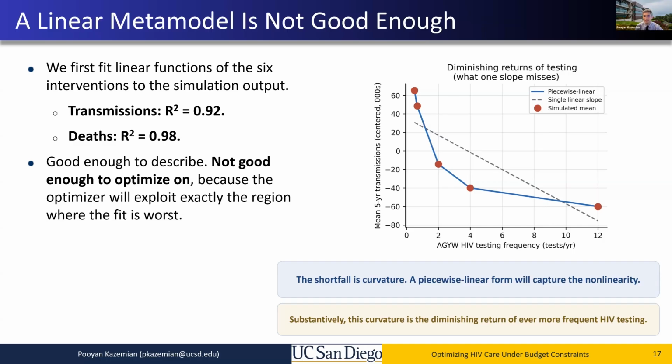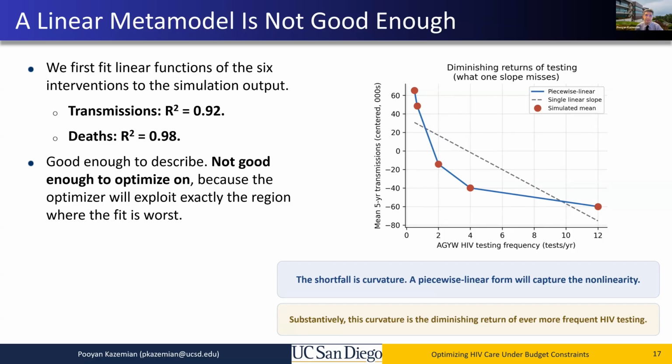And the blue line, the solid line, is the piecewise linear meta-model that we eventually fit. Piecewise linear only means that it consists of pieces of linear functions connected together to establish the piecewise linear function. So that is what we use here.